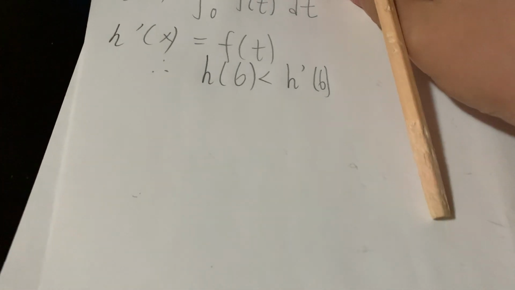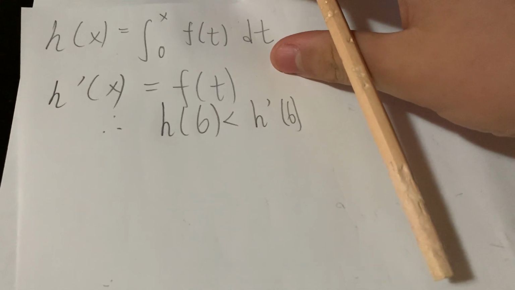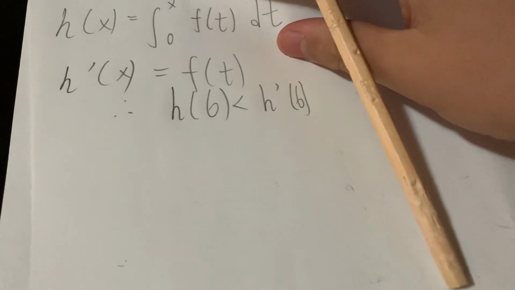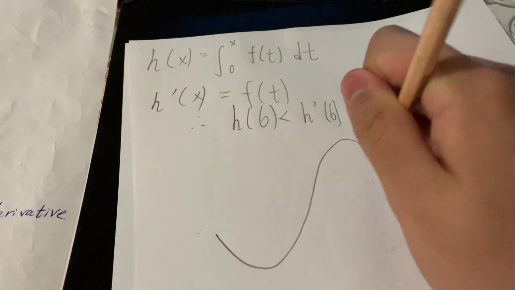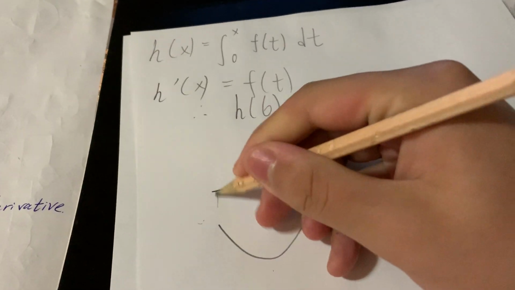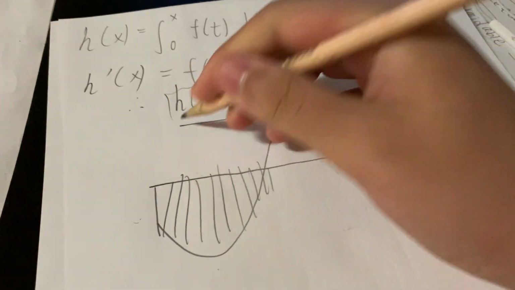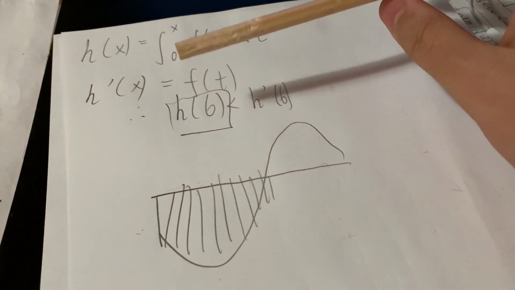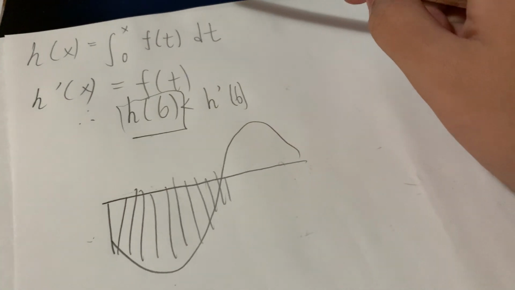Well, let me think. h(x) is equal to the sum of this. Since it's equal to the sum of this, it is always negative as the graph shows, approximating like this. So it is always negative in this part, and it will be the smallest. h'(6), on the other hand, is equal to f(t), how f goes.